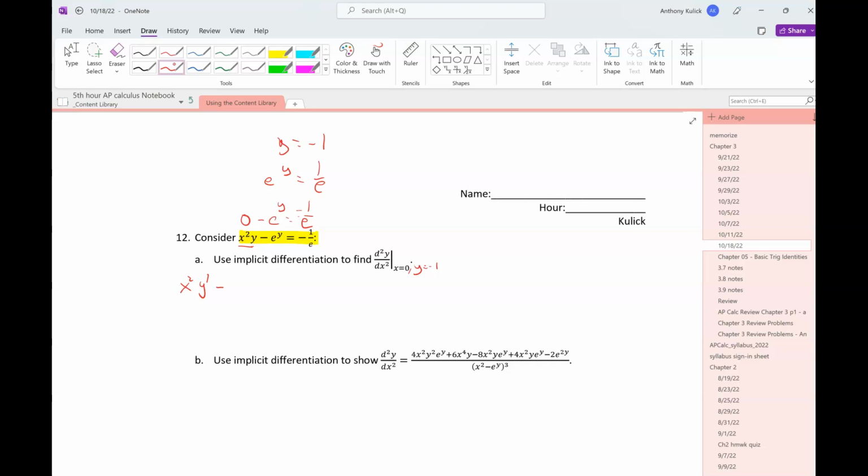And then the derivative of e to the y is just e to the y, and then a dy dx, I'll write as y prime. And the derivative of a constant is just 0. What's up? Oh, yeah, thank you. Yep.